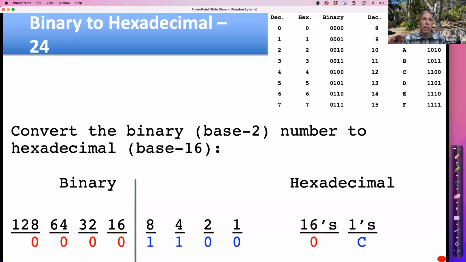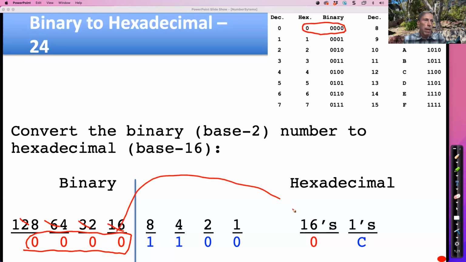There we go. So what I've just done here is I have 8 bits. Here's the first 4 bits. Okay. Now don't worry about these numbers here. We're going to make it real simple. We have our little chart up here. I'm just going to find those 4 zeros and find what the equivalent is in hex. Yep. It's a 0.